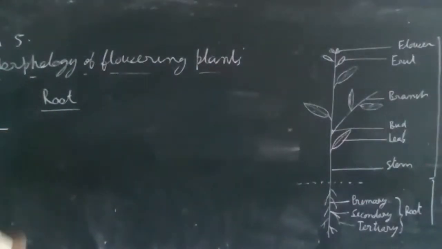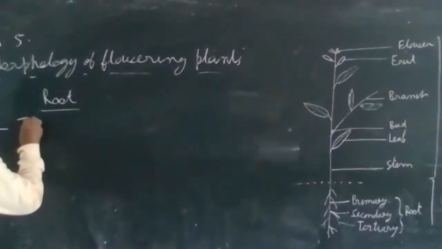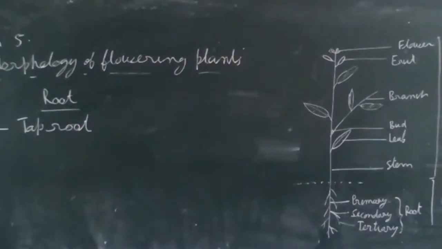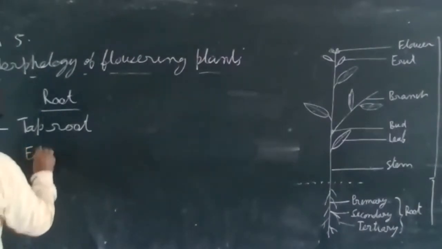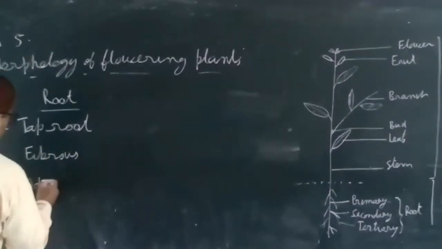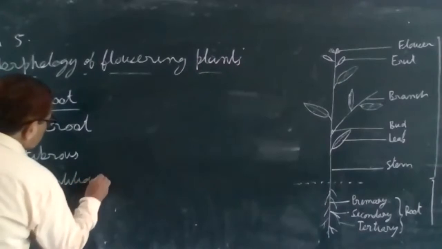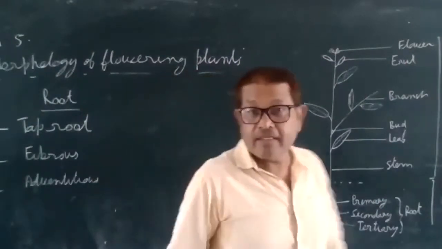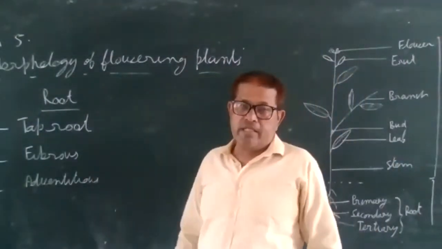One is the tap root, one is the fibrous root, and one is the adventitious root. So three types we will discuss.